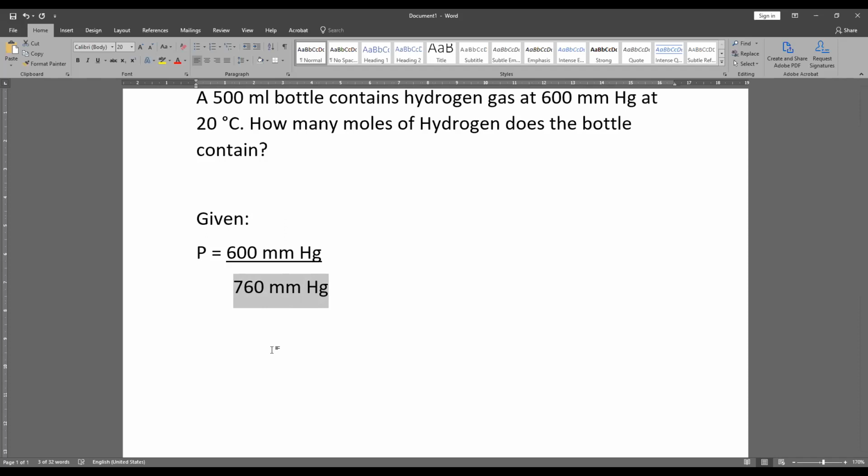Yes, teacher, you did. Okay. So the constant STP is 760 millimeters of mercury. The reason why we need to divide is that we need to get the ATM, or atmospheric pressure.